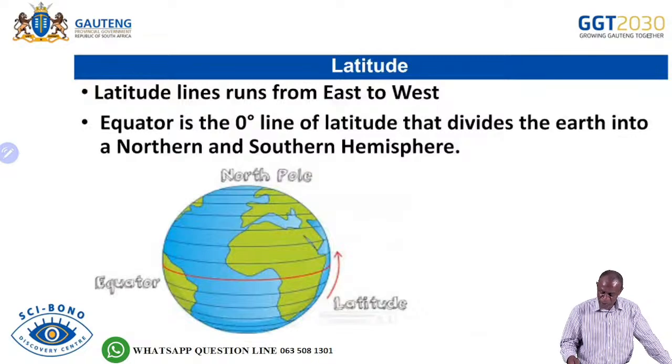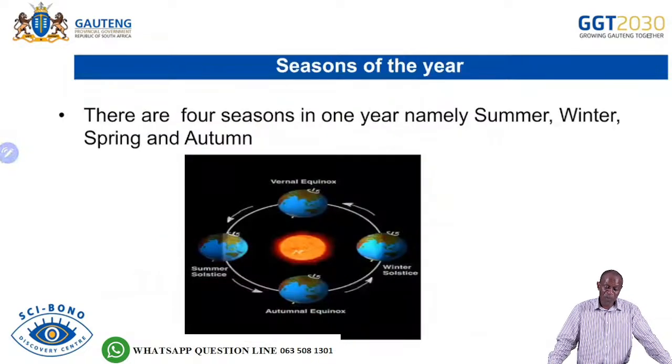I hope I've driven home the concept of the two important lines that we find on the map. And as I've alluded to, I've made an indication that there are 4 seasons in 1 year, and they are in direct relation to the position of the equator.